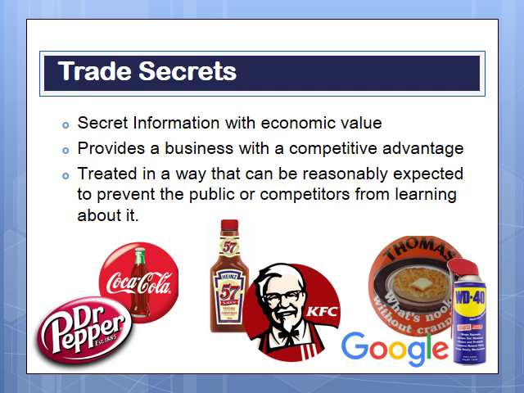KFC has something in their spices that they don't tell anybody. Interestingly enough, the Thomas English muffins are a trade secret. It says what's the nooks and crannies all about, but the way that they bake it, and whatever the ingredient is that makes the English muffin the way it is, is a trade secret.